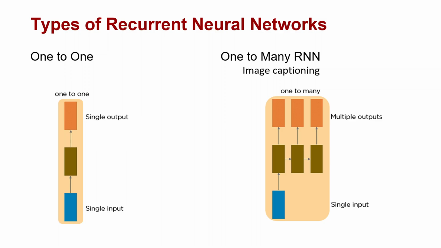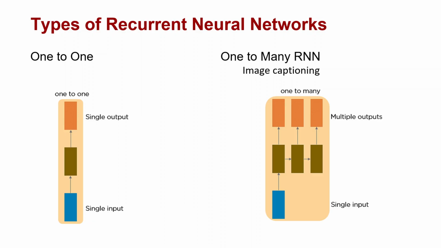This happens in a case like image captioning. In image captioning, I'll have a single image as an input, and for that particular input, it will give me a detailed description, that is a caption. The caption is not a single word, it will have multiple words over here. So it is one-to-many RNN.